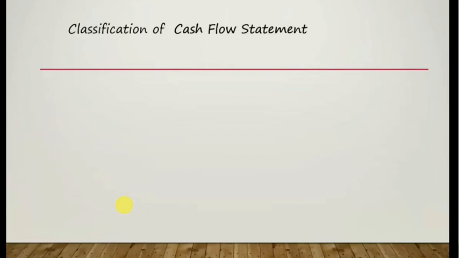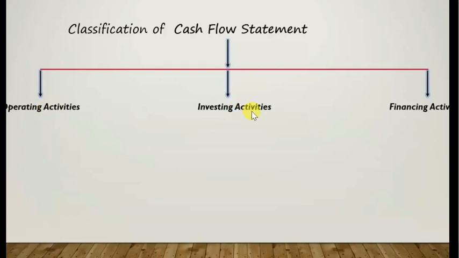Now we will talk about how to prepare the cash flow statement. For example, on the left-hand side we have operating activities, in the middle we have investing activities, and financing activities on the other side. We already took an example of this before.